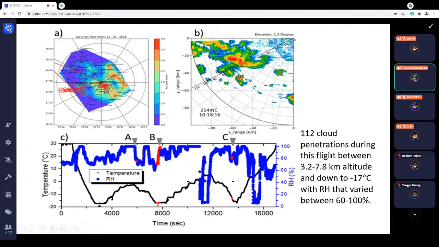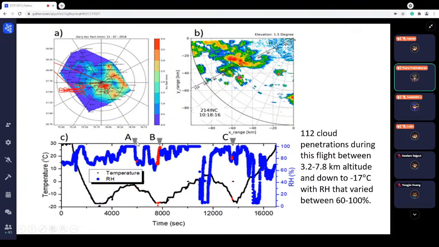I must say that we made nearly 112 cloud penetrations for this particular flight, between 3.2 and 7.8 kilometers, and we went down to minus 17 degrees C, and the relative humidity varied between 60 and 100%.